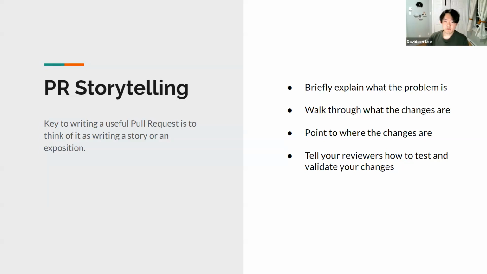The second would be to walk through what the changes are. Now that the reader knows what the problem is, you want to say, again in simpler terms, what the changes that you propose are from a functional perspective. So for example, you can say that, to mitigate a bug, a check was added before function Z, or a call of something, which disallows it from being called when conditions A and B are not met.